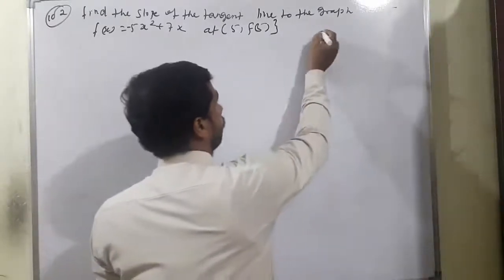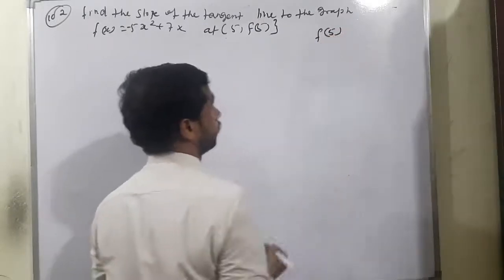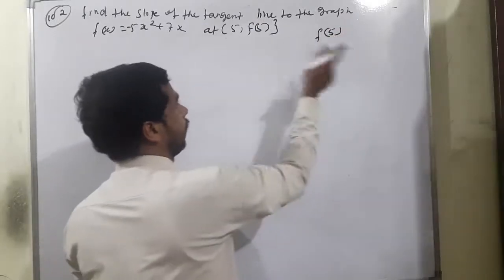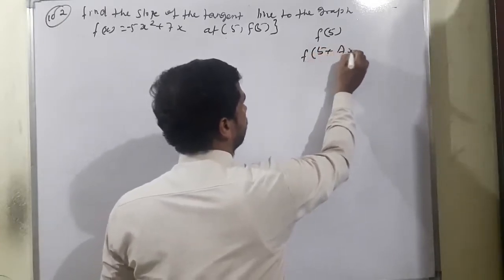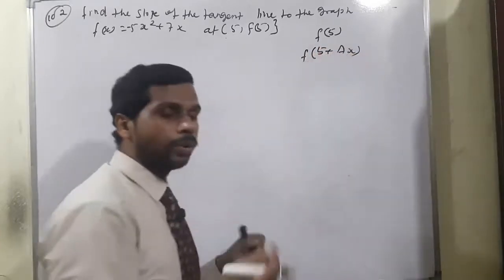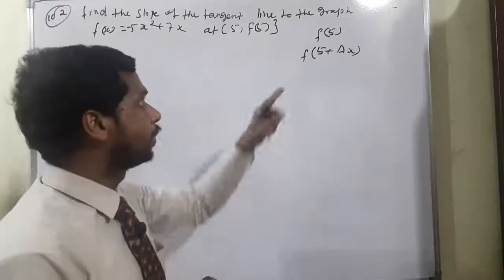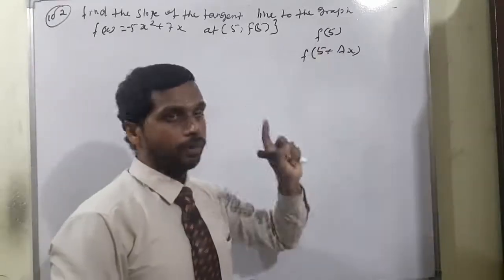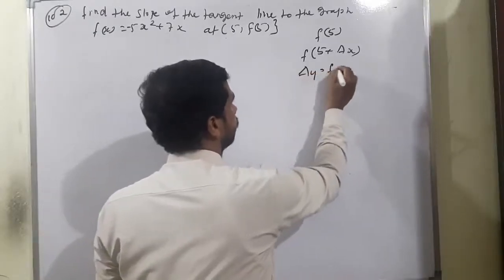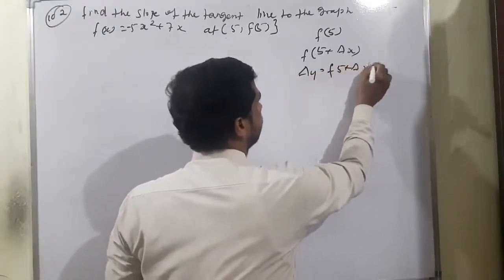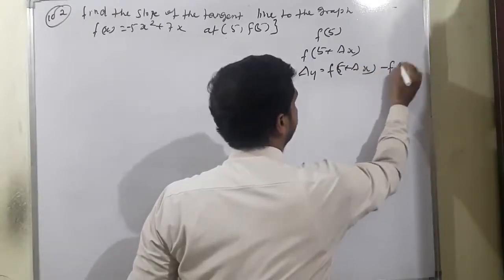Listen, first we have to find f of 5, because the coordinate point 5 is there. Next, just add some value, f of 5 plus del x. Then we take the difference between f of 5 plus del x and f of 5, that is called del y. So del y is equal to f of 5 plus del x minus f of 5.